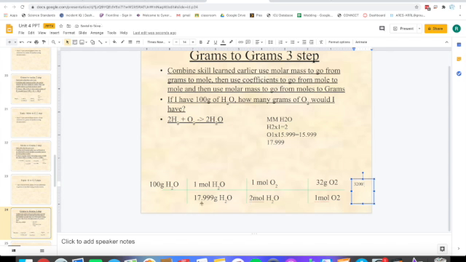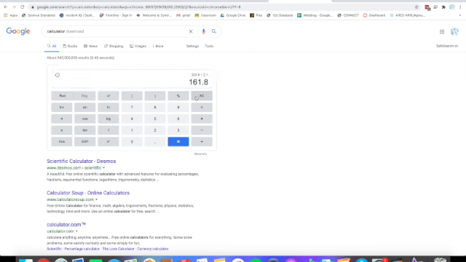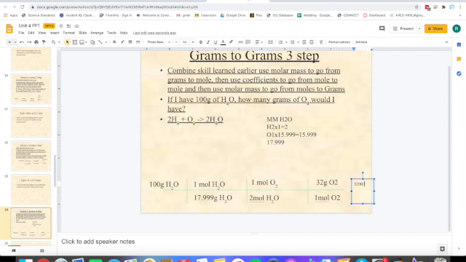So here we have 17.999 times 2, so 17.999 times 2 is 35.99. And then 35.99 times 1 is just 35.99. So now we will divide 3,200 by 35.99.